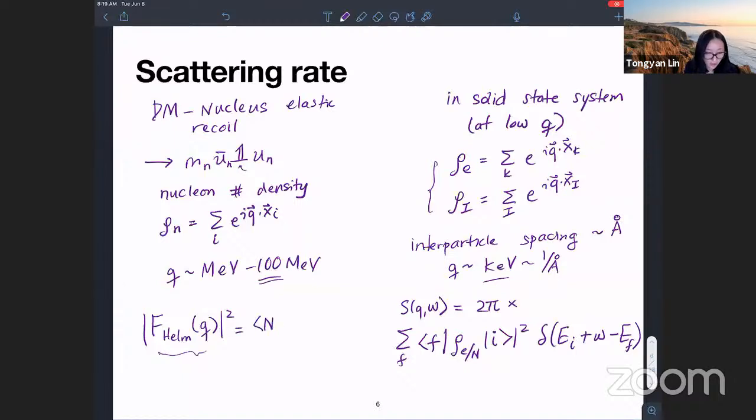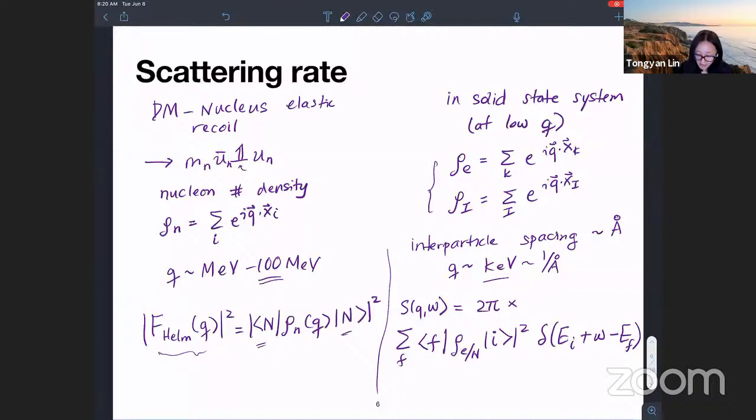Okay, so to remind you, for the Helm form factor, we just computed it with the nucleon number density operator. And in particular, we computed it with the same initial and final state because we're just recoiling against the nucleus as a whole, and we're not exciting any internal states.